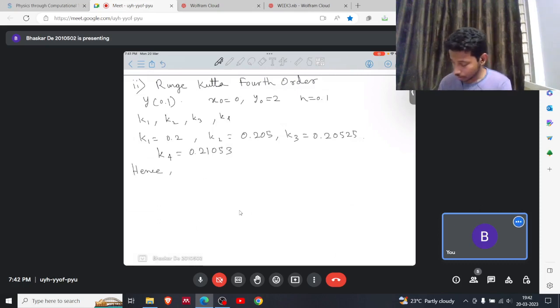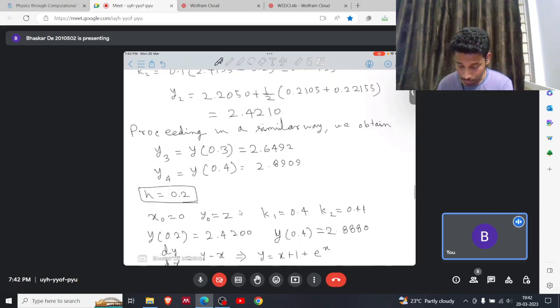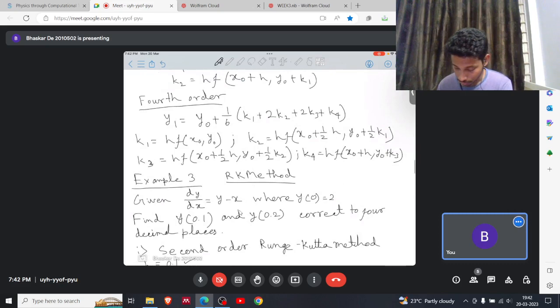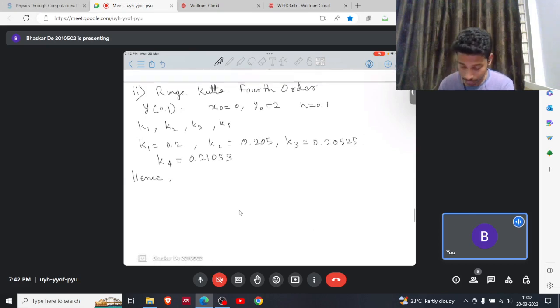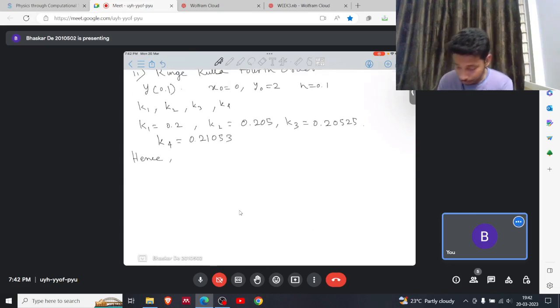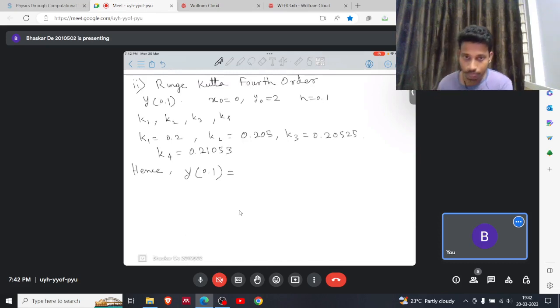Hence we'll use the formula for the fourth order, that is y1 equal to y naught plus 1 by 6 of k1 plus 2k2 plus 2k3 plus k4, which gives 2.2052.